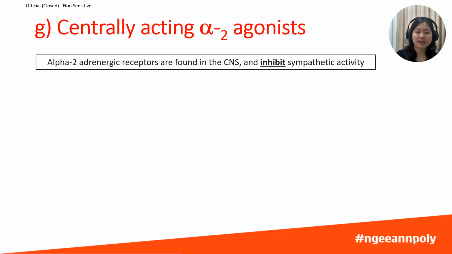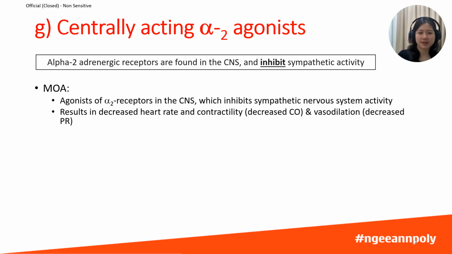Another drug class that is used for hypertension is the centrally acting alpha-2 agonist. Unlike other adrenergic receptors, the alpha-2 receptors are found in the central nervous system and inhibit sympathetic activity. So alpha-2 receptor agonists activate the alpha-2 receptors in the central nervous system, which inhibits sympathetic nervous system activity.